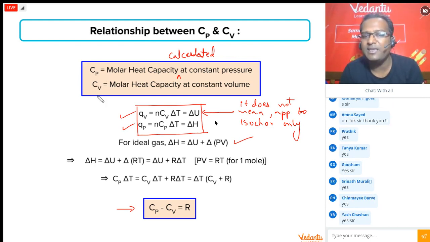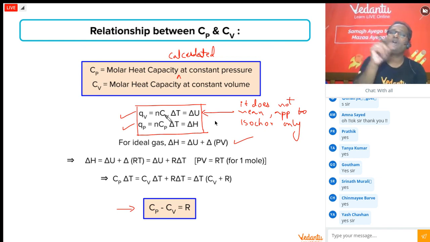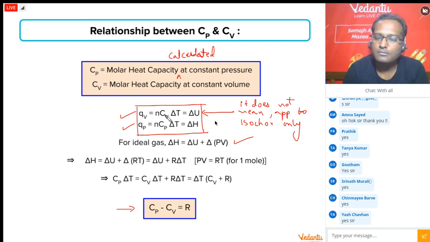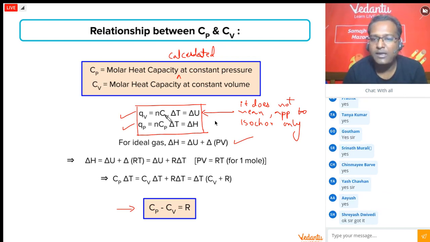Heat capacity Cv should be used for constant volume process. No. It basically means that heat capacity C was calculated for that body using a constant pressure process. Clear?